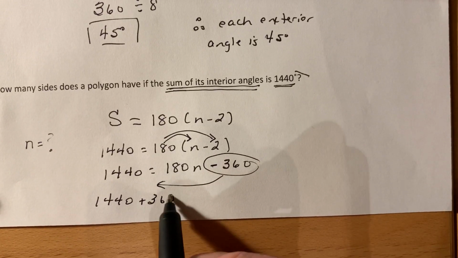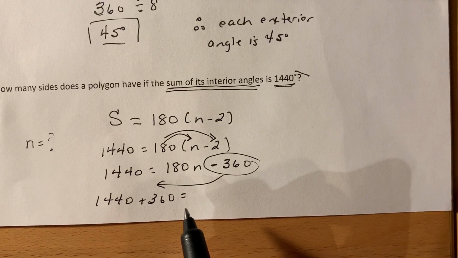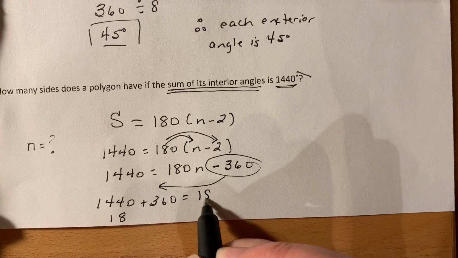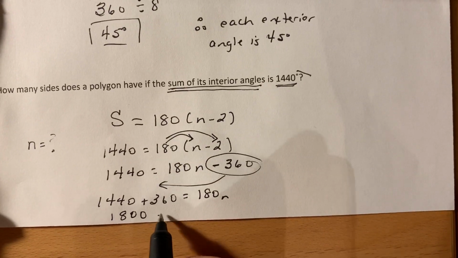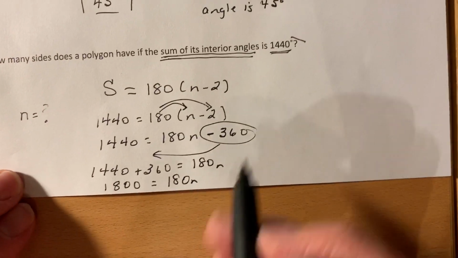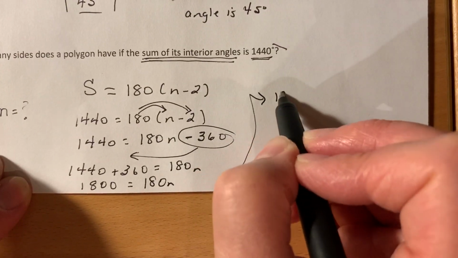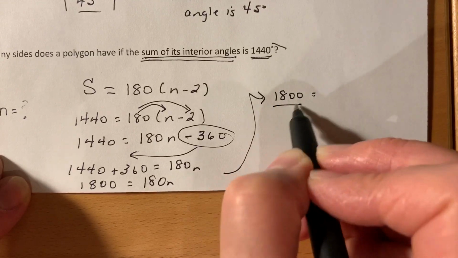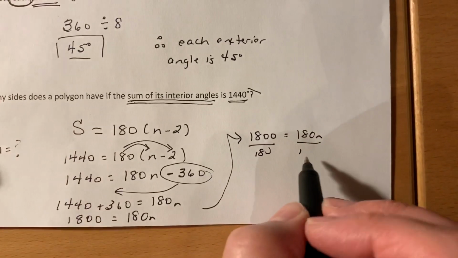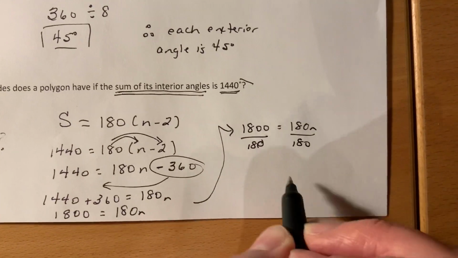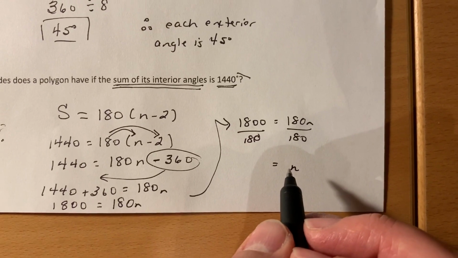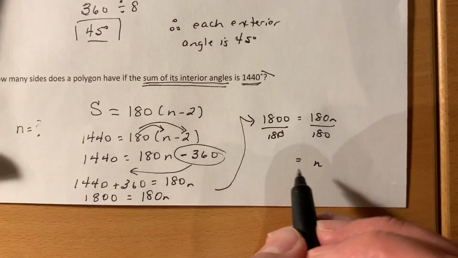When I add those together, I get 1,800, which equals 180n. If we want n by itself, we divide by the number in front of n, which is 180. And when you do that, how many sides does it have? It should have 10.